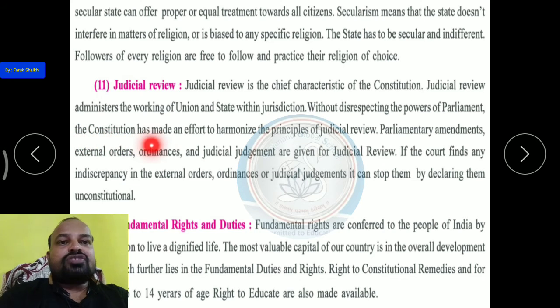The constitution has made an effort to harmonize the principle of judicial review. Parliamentary amendments, executive orders, ordinances and judicial judgments are subject to judicial review.